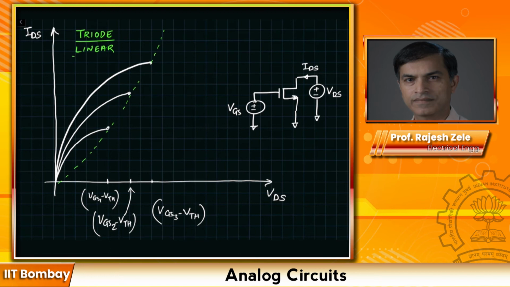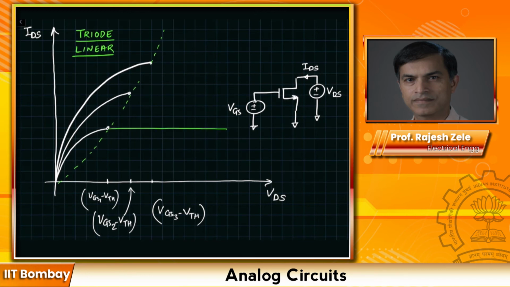The reason we call it linear is because the transistor from drain to source looks like a resistance which is independent of drain to source voltage to a first order. On the right side of this curve, when VDS is greater than VGS1 minus VTH, the channel is pinched off and the channel current becomes independent of the drain to source voltage, as a result of which it just stays flat.